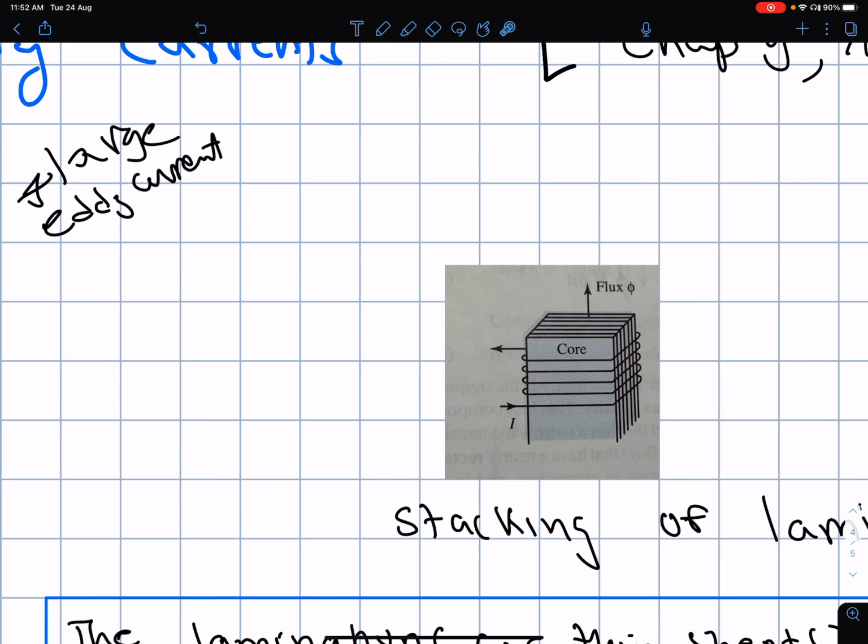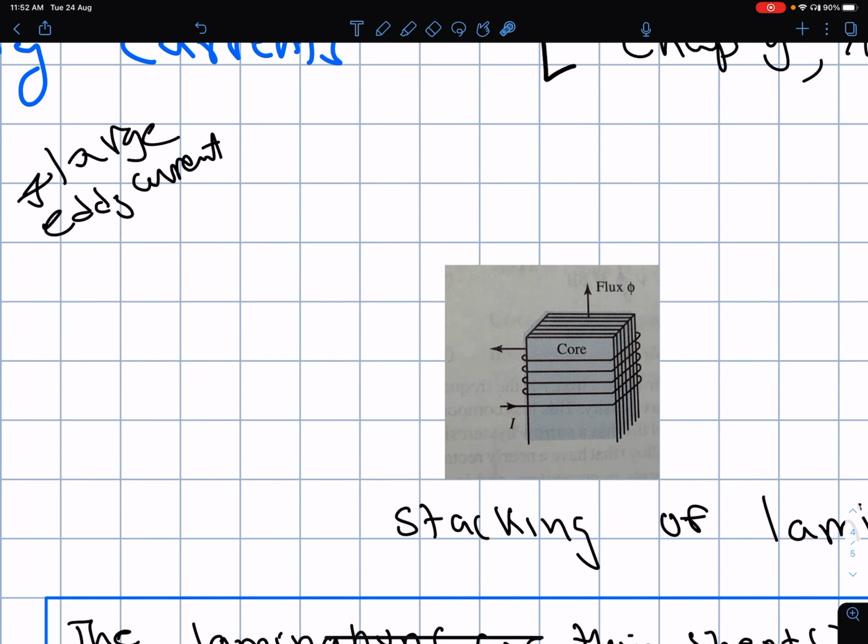Then to oppose it, a circulating induced EMF will have to be set up like this, through the depth, then traced like this, and come back from behind like this. So the circulating currents will be set up due to induced voltages, the eddies, which will try to oppose this change of flux.